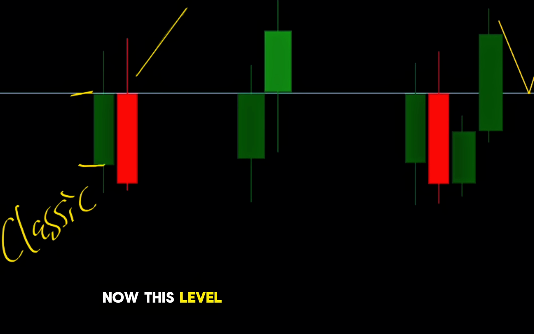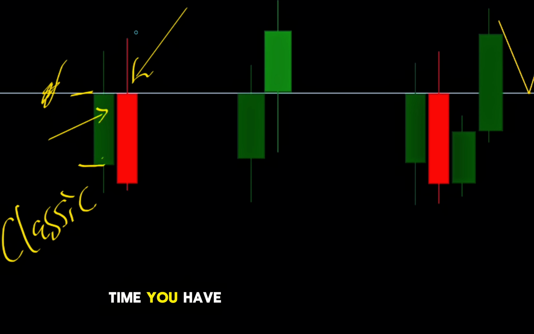Now this level here, which I already marked with the white line, becomes the level, and you want to mark that particular closing as your level. The marking comes from the closing of this green candle. The closing of that candle becomes your level, and you need to also mark the whole zone.